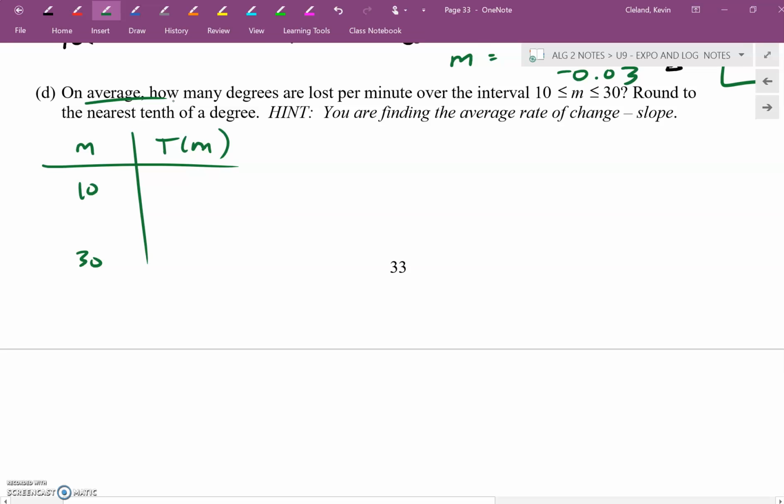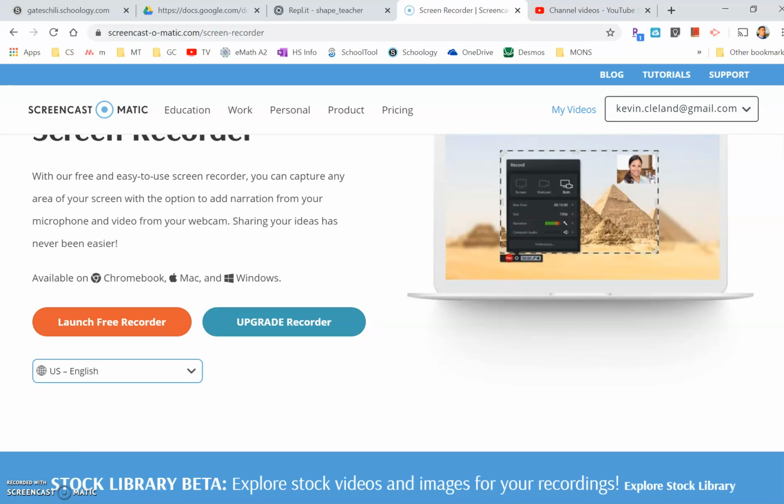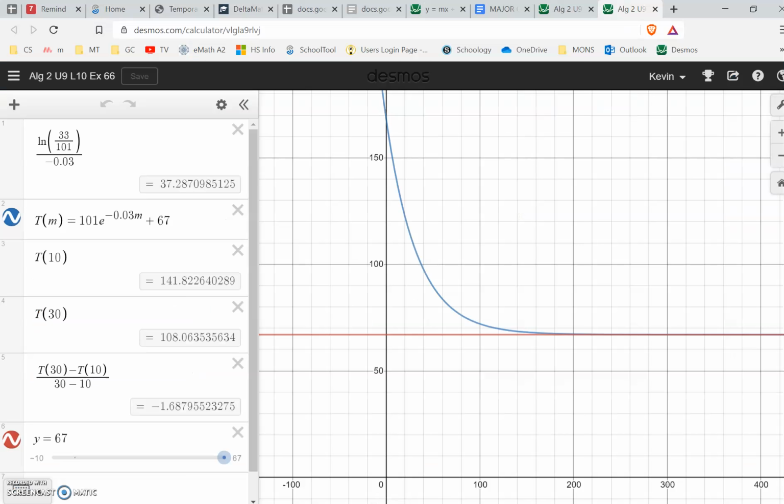This is a sneaky way of asking an average rate of change question without saying average rate of change. We don't care about what's happening in the middle. We're just treating it as if it was a straight line connecting the points.